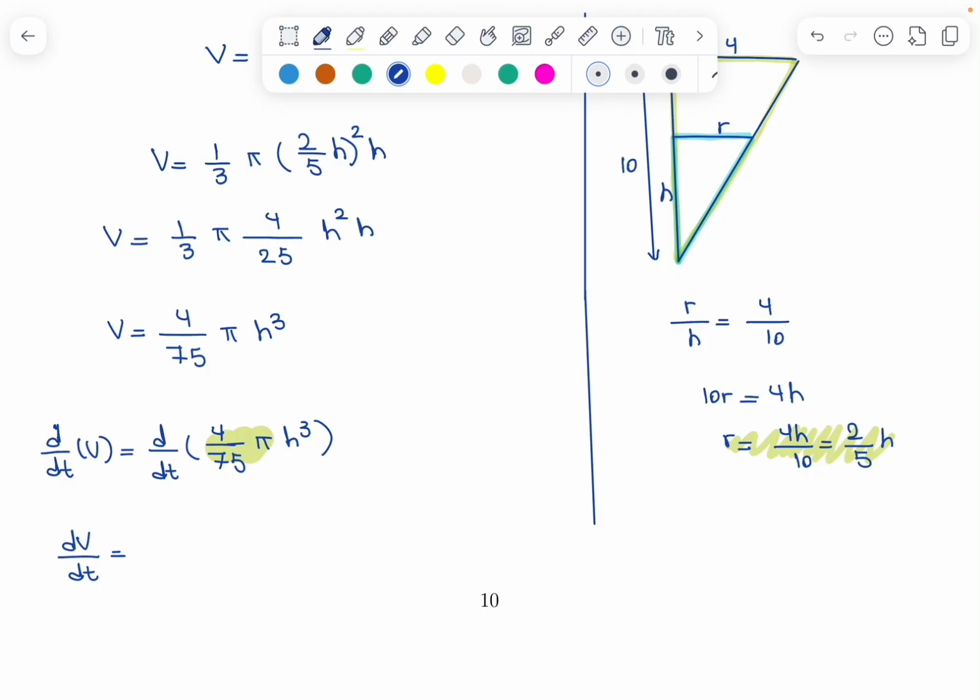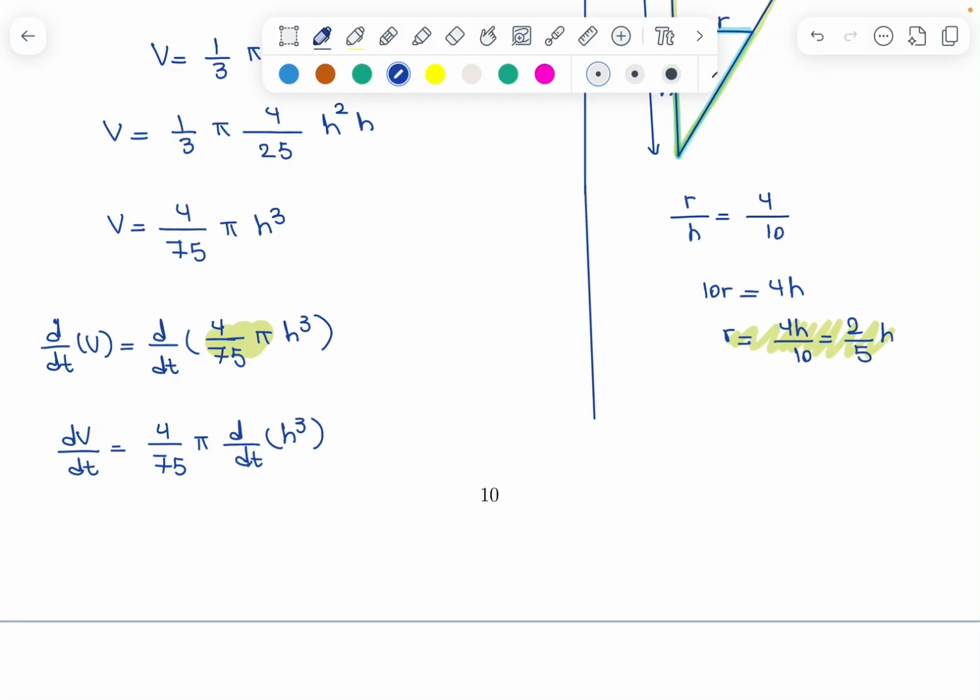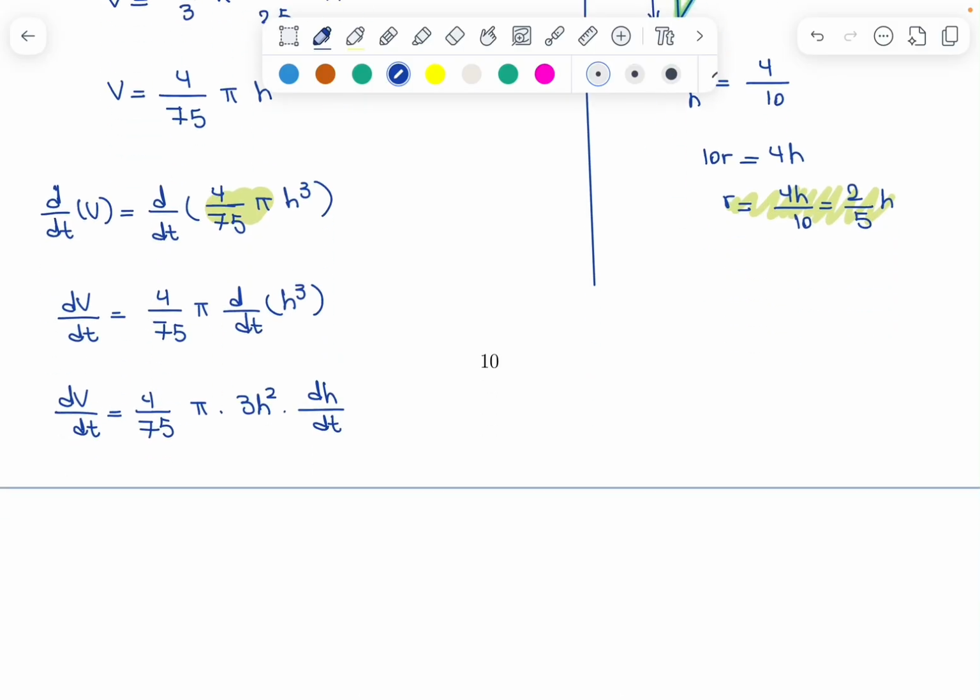Therefore, dV/dt would be 4/75 pi times the derivative of h cubed with respect to t, which, by using the chain rule, would be 3h squared times dh/dt.